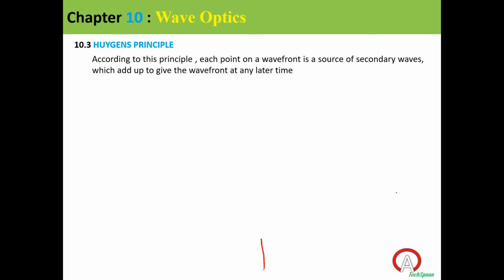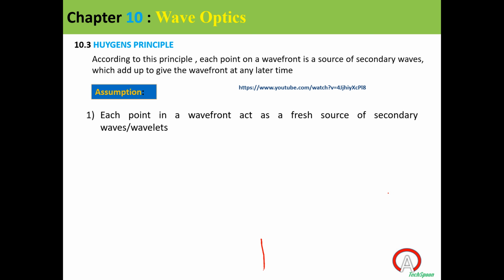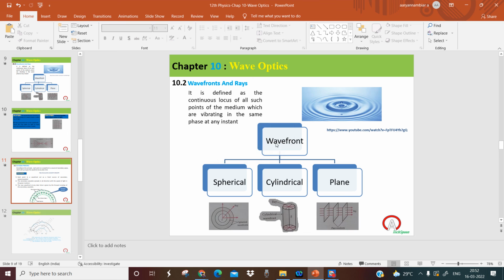I will explain it. I will show a video, then it will be more clear. Reading the principle again: each point on a wavefront is a source of secondary waves which add up to give the wavefront at any later time.